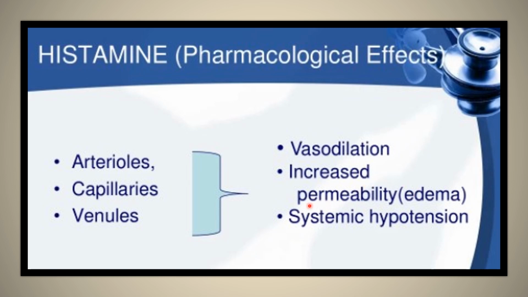Because there is a decrease in the peripheral resistance, there will be vasodilation, and this will result in systemic hypotension. In humans, IV histamine can induce a fall in the blood pressure, cutaneous flushing, a rise in skin temperature, and intense headache.